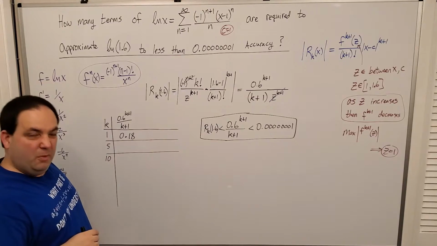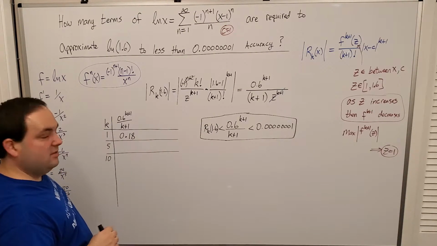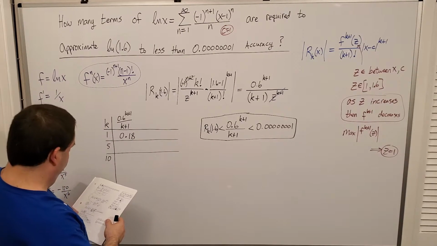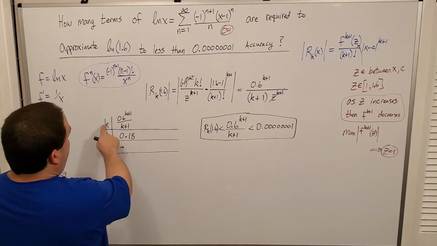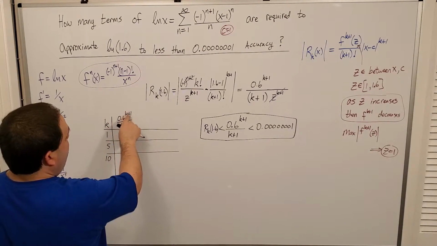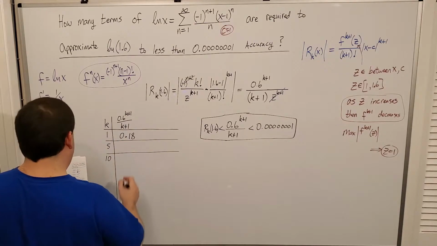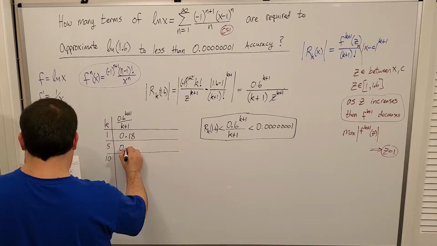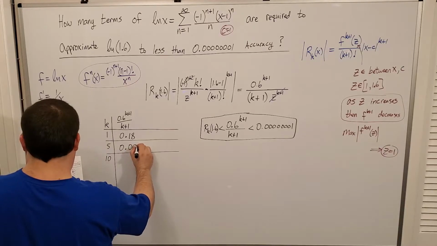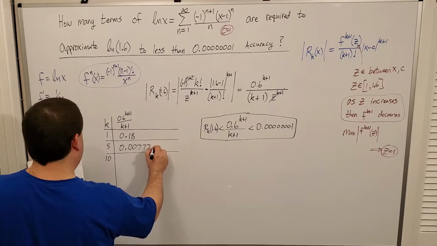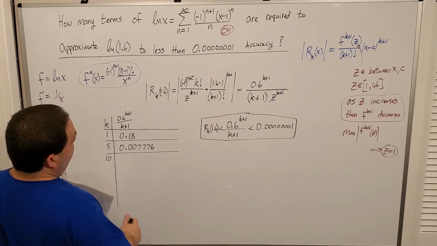That's still not a good upper boundary for error, though. It's not even a small decimal. Okay? If k is 5, 0.6 to the 6 divided by 6, then I get 0.007776. Not terrible, right?